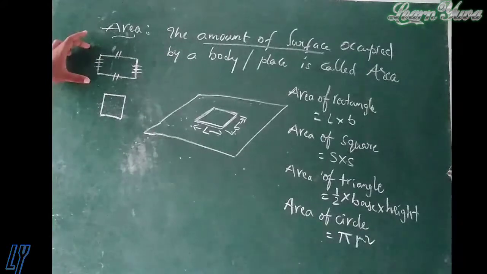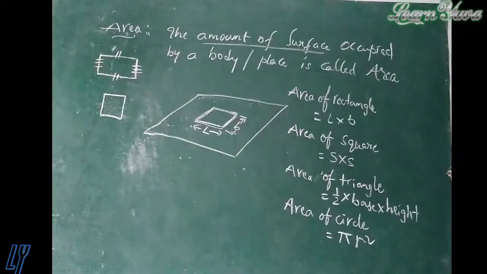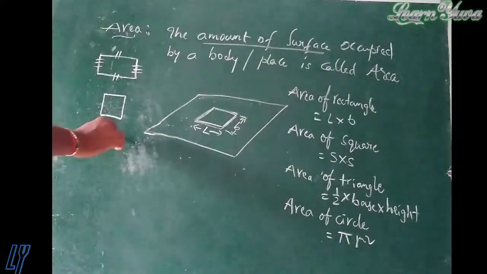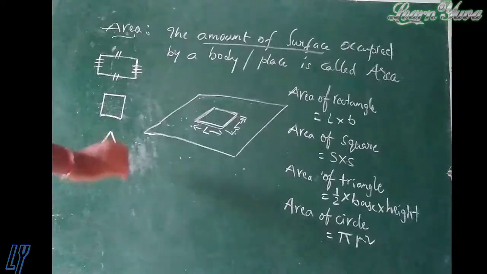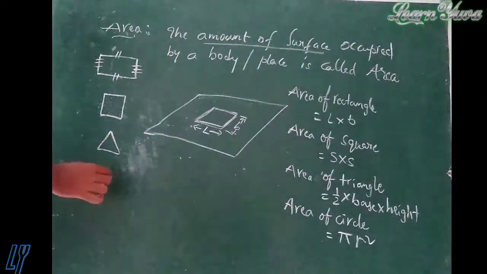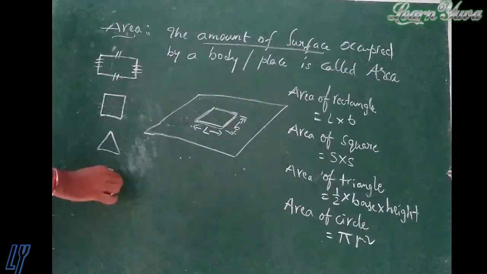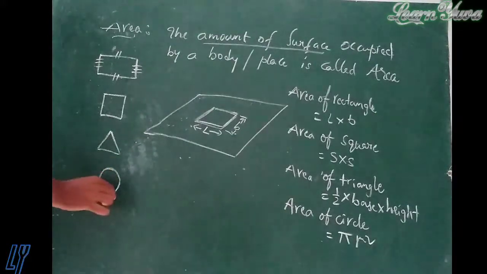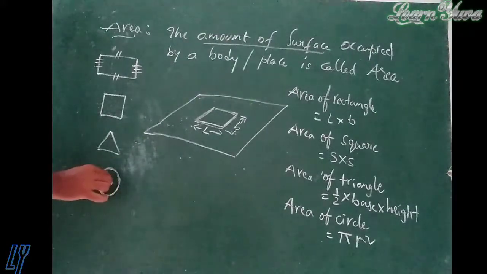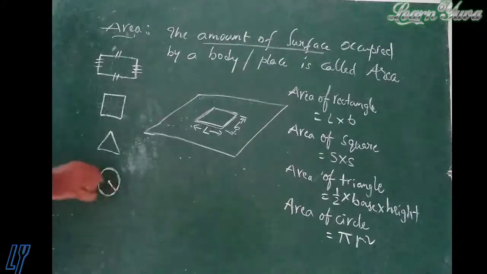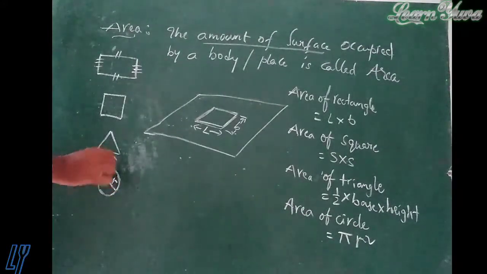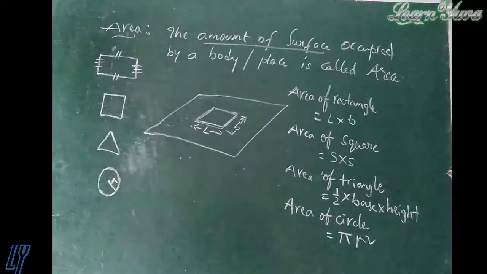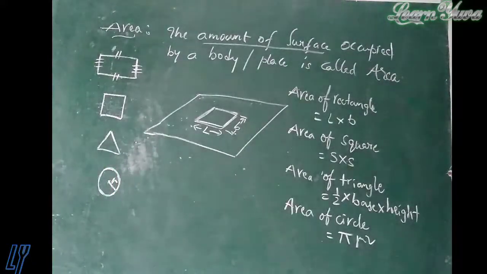But in a rectangle, opposite sides are equal, while in a square, all four sides are equal. Triangle has only three sides. Circle has no sides, and this is the radius.